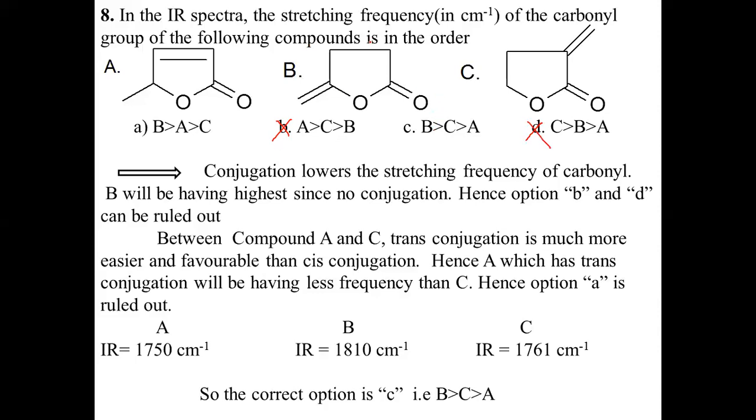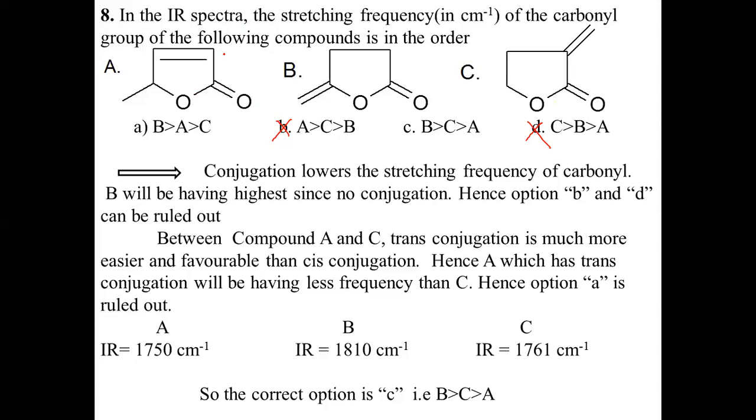Now the problem is B is what you have found first. Between A and C, which one will have the lesser or the higher frequency? Here also you have conjugation, here also you have conjugation, but here you have trans conjugation, here you have cis conjugation. And we know trans conjugation is much easier and more favorable.